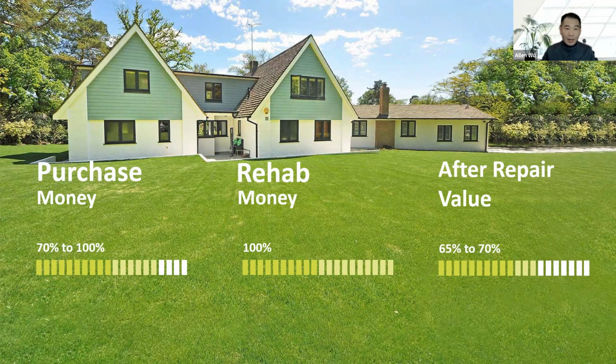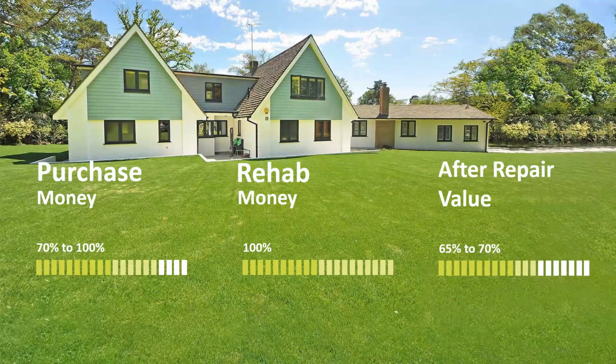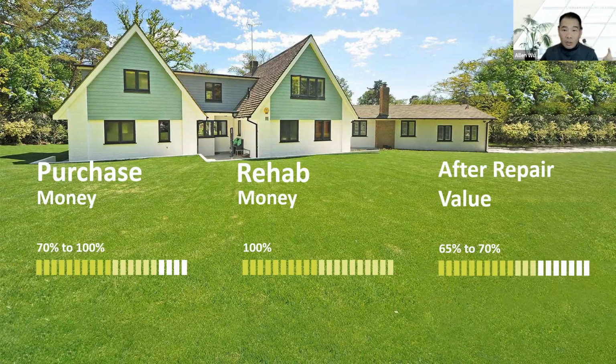So that is the renovation money. Now, let's say you purchase the property at $200,000 and the renovation budget is $100,000. Can you get $300,000 total? Possibly. Now, how do they determine the maximum they can give you? It's based on your ARV, after repair value.